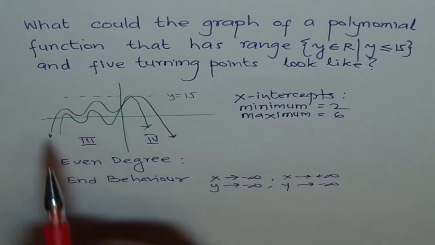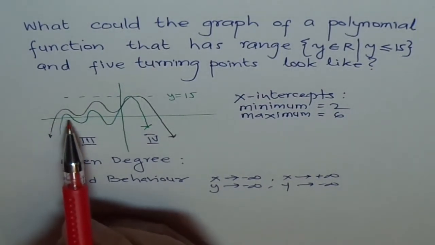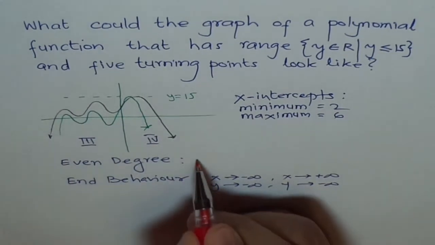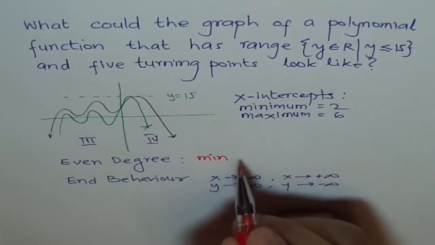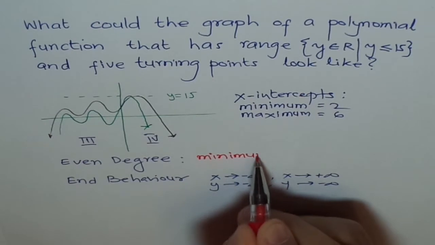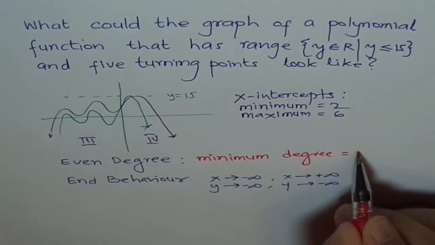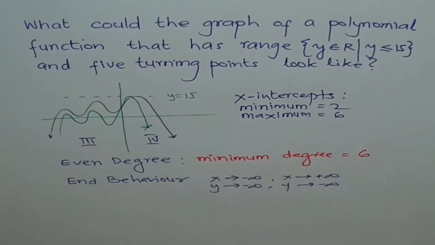So it's an even degree function, and how many zeros are there? 1, 2, 3, 4, 5, 6. So even degree function with minimum degree of 6. That makes sense. If degree is n, then n minus 1 is the maximum number of turning points.